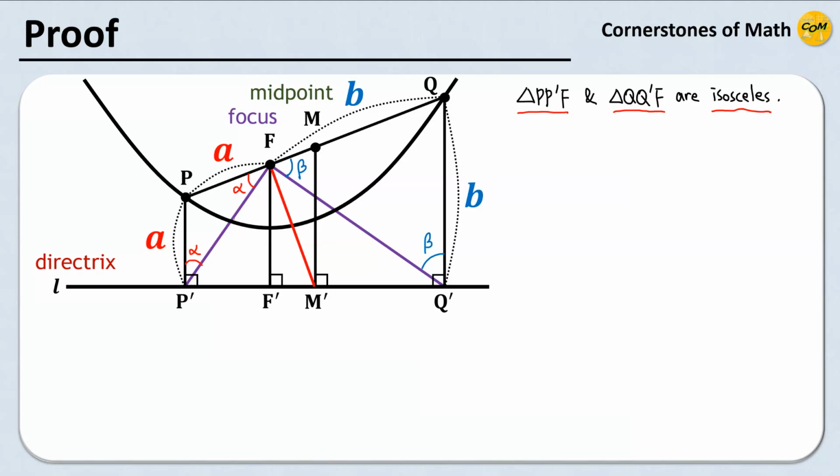Moreover, due to the alternate angle relation, this angle P prime F prime is also alpha, and this angle Q prime F prime is also beta.